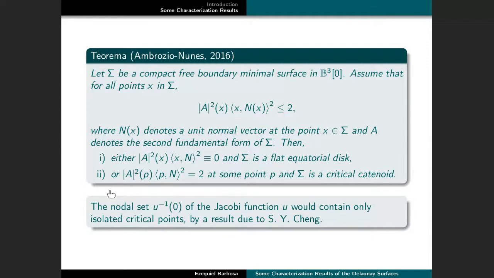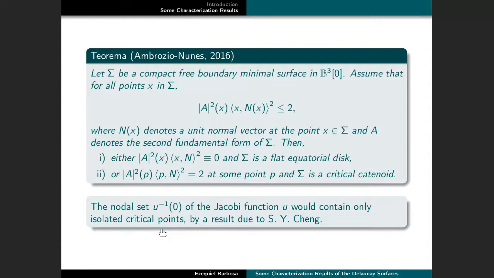And this rotational function is a Jacobi function, but that set C, the critical points of the function phi, is inside this nodal set. And then the function has to be zero, a null function.